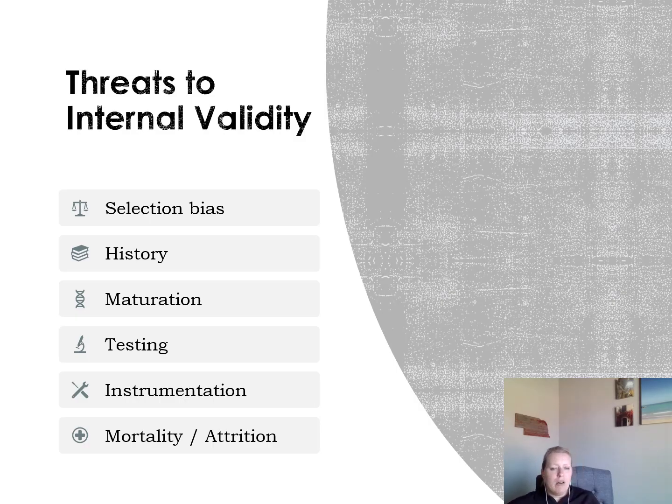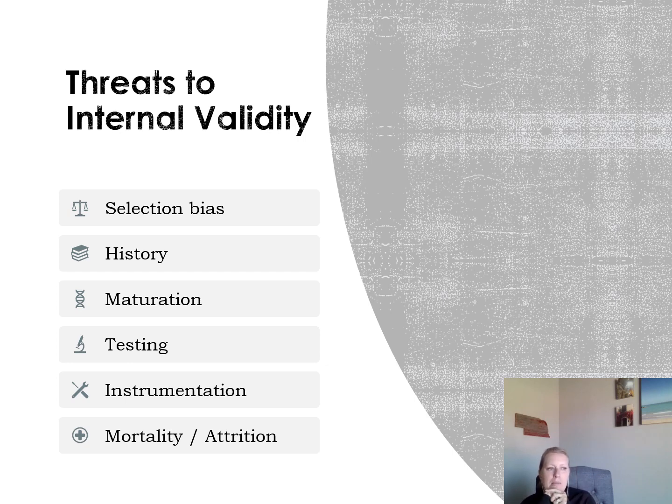So breaking it down more, the threats to internal validity are selection bias. So if I, as the researcher, as the investigator, choose who I want to be in my research, that is bias, which is why we randomize to remove bias.